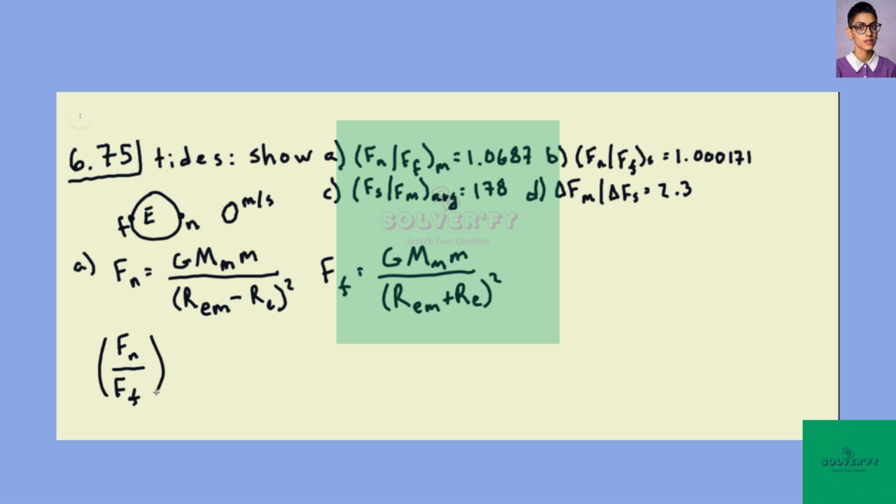And so this ratio for the moon is going to just be the ratio of these two denominators here. And so, like the problem says we should get, we get 1.0687.